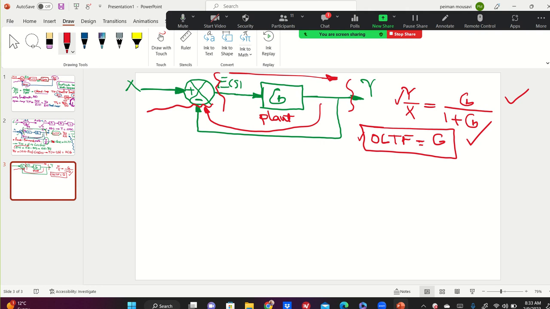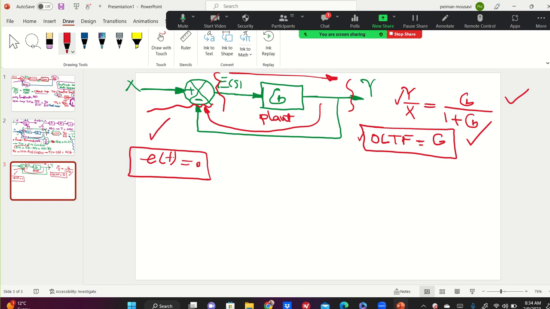Now, what is important for us as mechanical engineers or control engineers at the end of the day is that we want to make the error signal 0. We are analyzing the system through this course so that when you come to ME530, you can make this happen, error signal to 0.